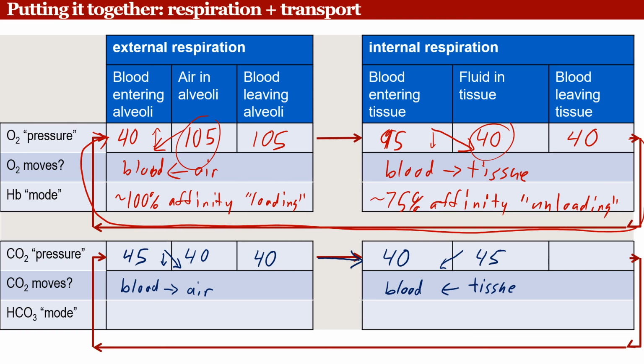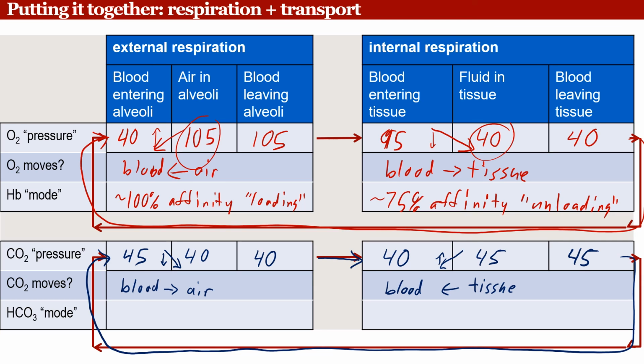Okay, and it's going to do that until the blood fills up with enough CO2 to match the tissue. And so blood is going to leave at 45. And again, if we travel through the circulatory system back to the lungs, 45 is where we enter into the lungs again.